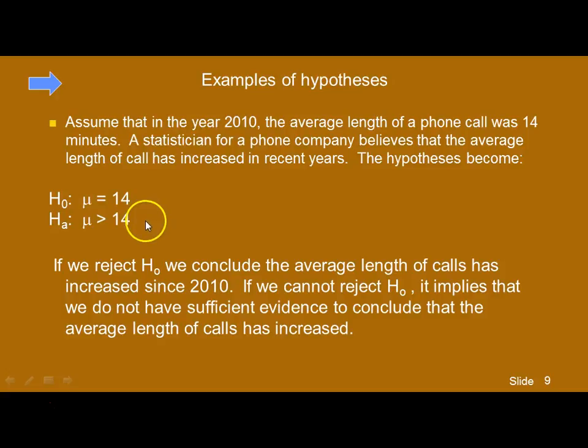Is the mean now greater than 14? Notice if we reject the null and conclude the alternative, we're basically saying that the average length of calls has increased since 2010. If we are unable to reject that null, then we cannot make that conclusion. We would not have sufficient evidence to conclude that the average length has increased.